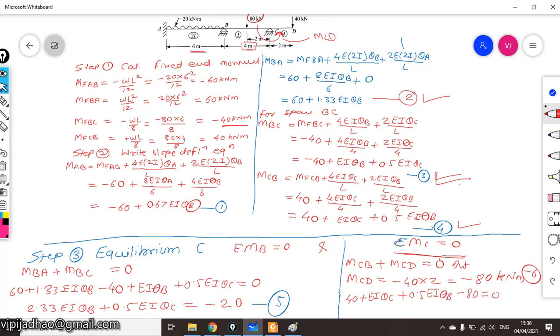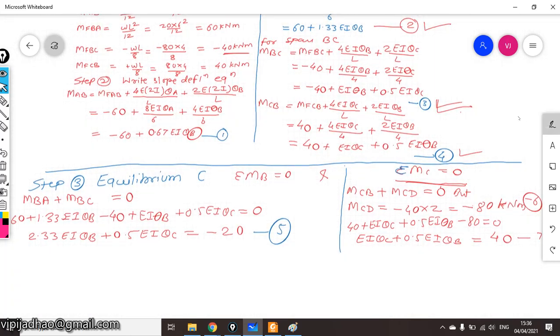Simplify this, we get EI theta at C plus 0.5 EI theta at B is equal to 40 minus 80, that will be minus 40, and take it on the right hand side, we get it as 40. So consider this as equation number 7.